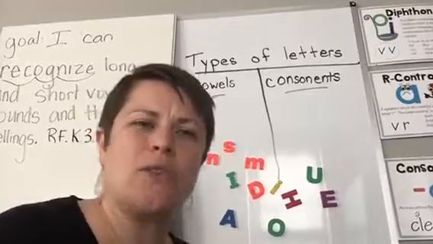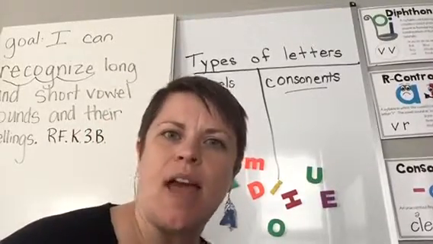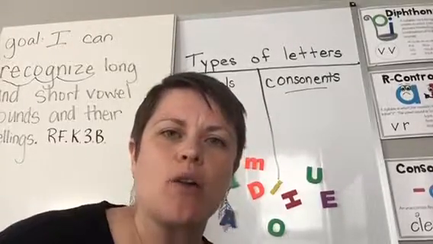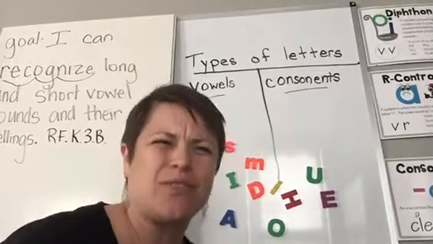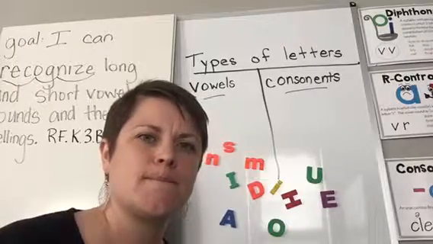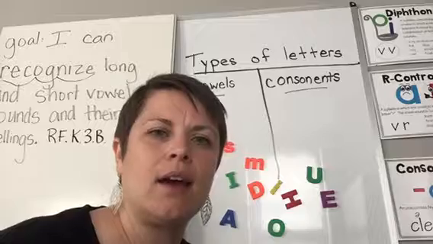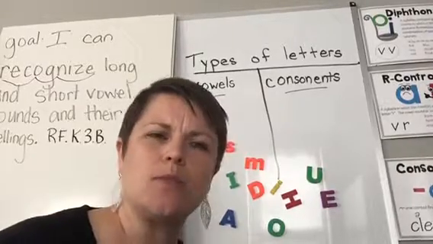We have vowels, and they are incredibly important to know because every syllable has, that's right, at least one vowel sound. Every syllable has one vowel sound. So when we're reading, it's really important for us to know our vowels. Do you know what they are? They are A, E, I, O, U, and sometimes Y. Say those with me.